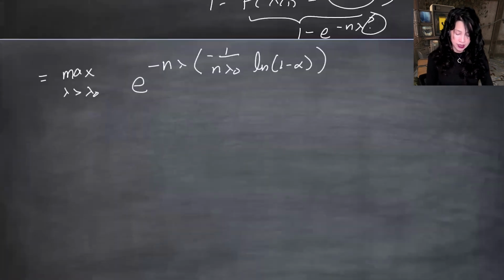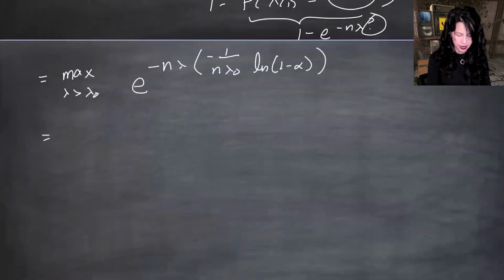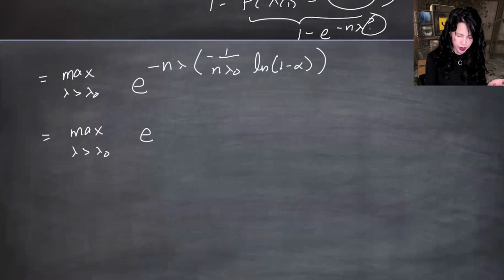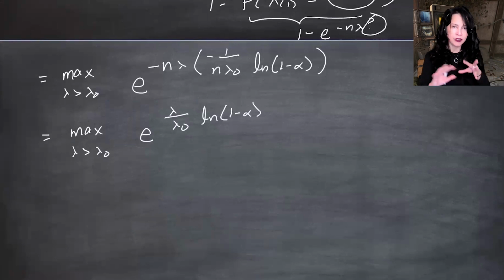Before maximizing this, let's clean it up. I could cancel the negatives, I could cancel the n's. And if you want to take advantage of the e and the log, let me write this first. This is e to the positive lambda over lambda naught log of 1 minus alpha. If we had e to a log, we could cancel them.